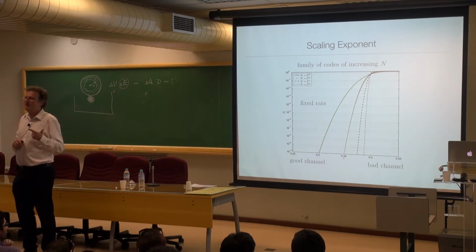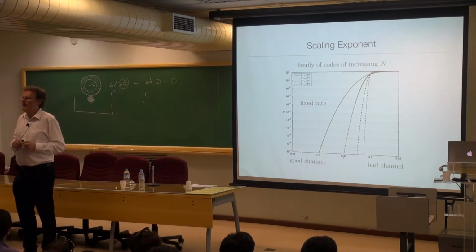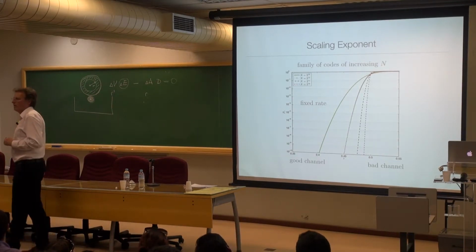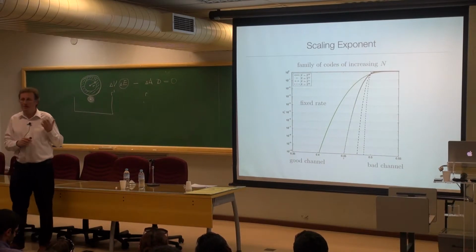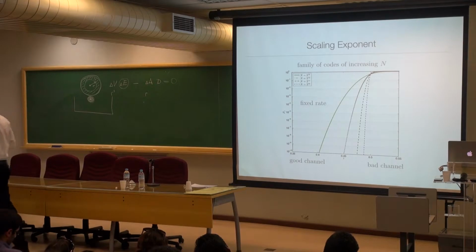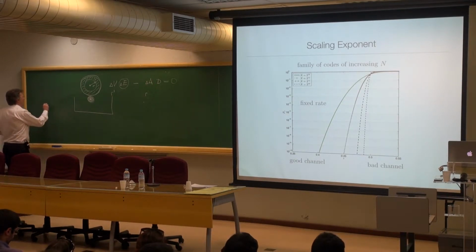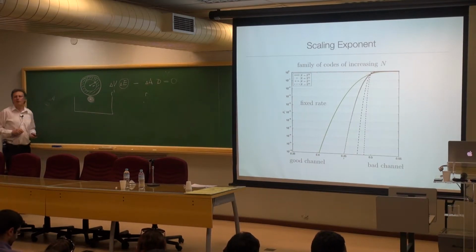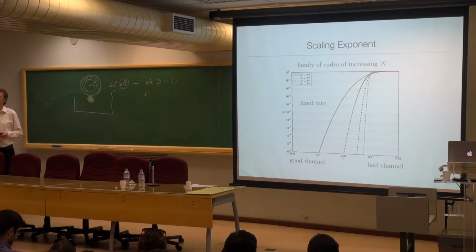So the rate is fixed, the channel is fixed, and now you increase the block length and check how the probability of error decays. You have hopefully heard that the best thing you can do is some exponential decay. So the error probability goes down like e to the minus the block length times an error exponent. Rather than writing down the error exponent, let me write down the gap to capacity, the difference that you are away from capacity.